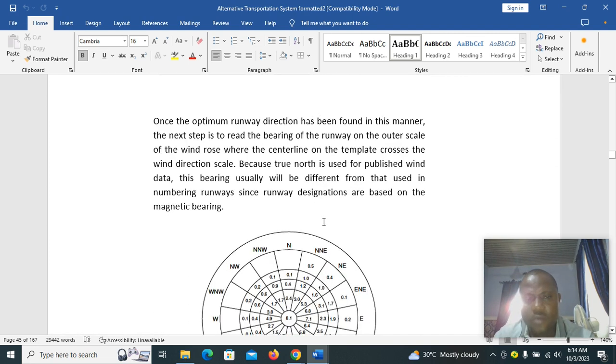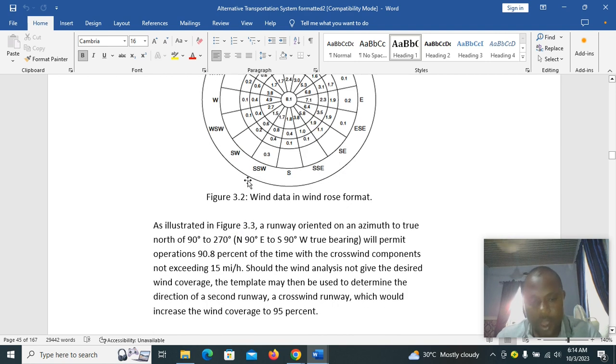Once the optimum runway direction has been found in this manner, the next step is to read the bearing of the runway on the outer scale of the wind rose where the center line on the template crosses the wind direction scale. Because true north is used for published wind data, this bearing usually will be different from that used in numbering runways, since runway designations are based on magnetic north. So we will have to adjust, because we have the true north and we have the azimuth angle as well.